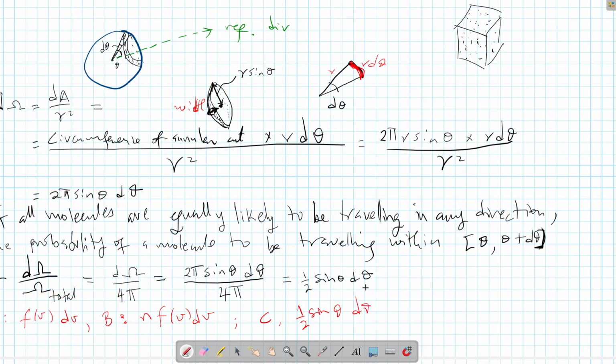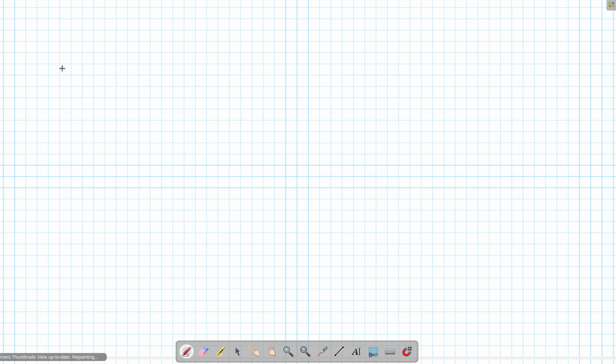Okay, so the next thing we're going to compute is point D. Point D is about the average number density of molecules with velocity between v and v plus dv, and also traveling at angles between theta and theta plus d theta.